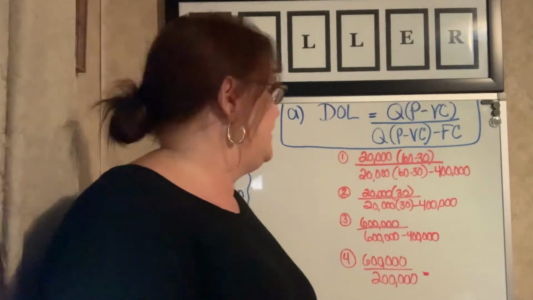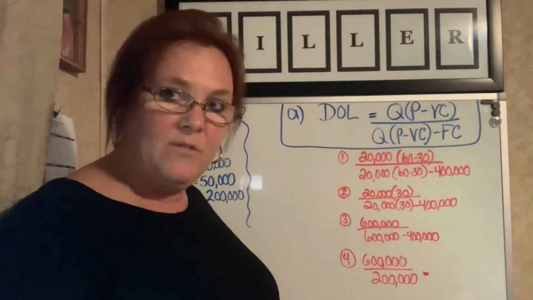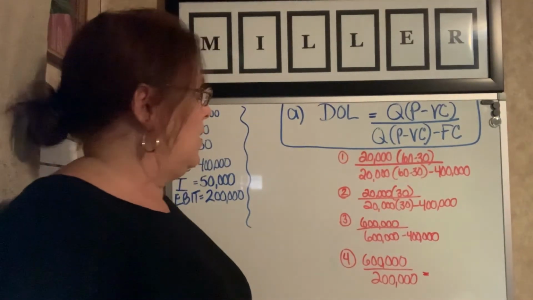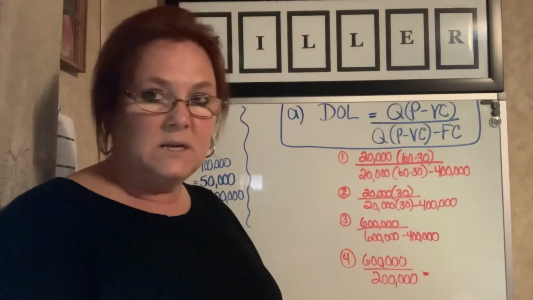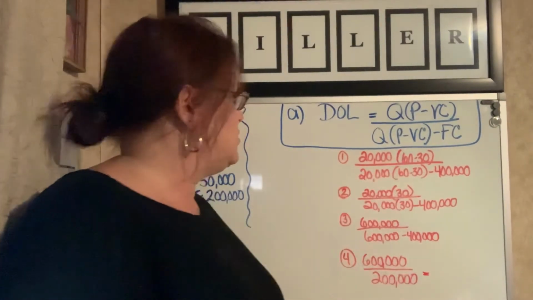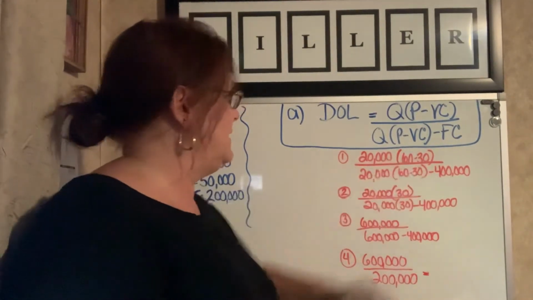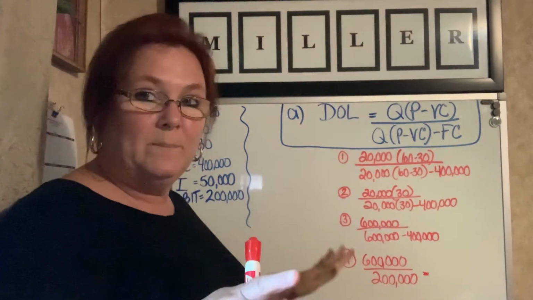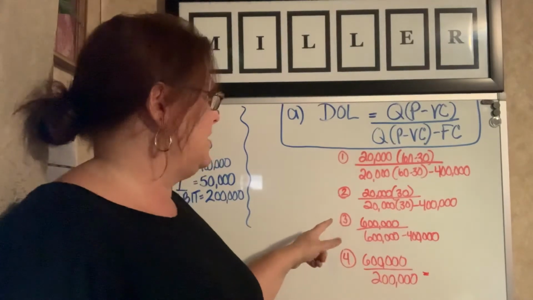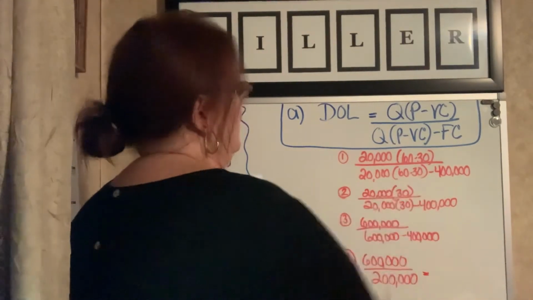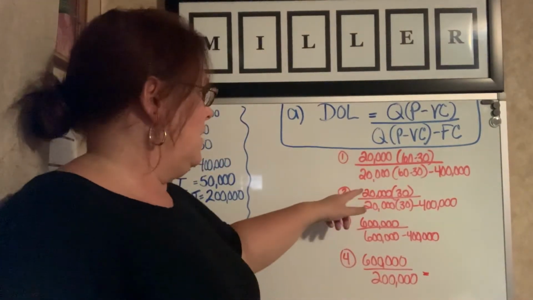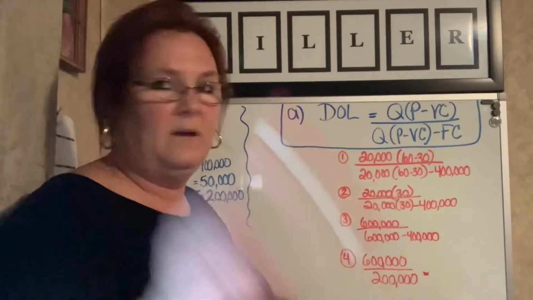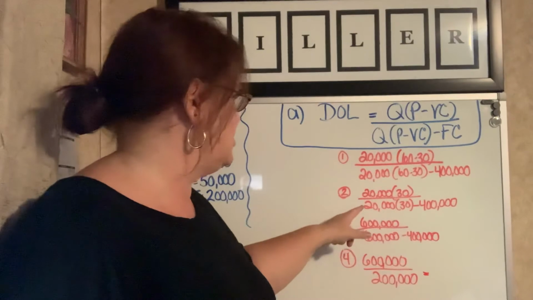The very first thing we do, as we know in mathematics, is do anything in the parentheses. There's a subtraction in the parentheses, so we have to do that subtraction. 60 minus 30 equals 30. That's all the second step is. No new numbers, nothing different here. All we did is the subtraction in the parentheses. So it's 20,000 now multiplied by 30. Parentheses mean a multiplication.